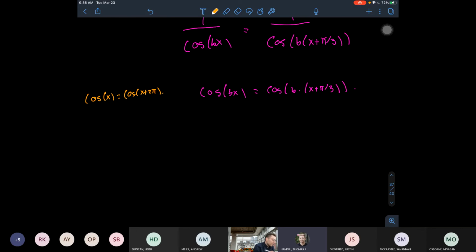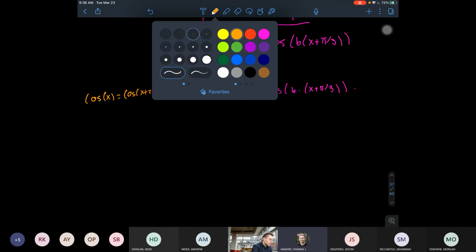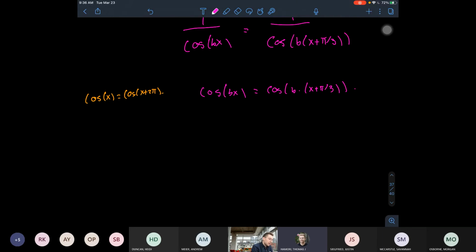That was what it meant for cosine of x to be 2 pi periodic. So if we have cosine of bx being set equal to cosine of bx plus some other stuff, then essentially the other stuff ought to be equal to 2 pi.